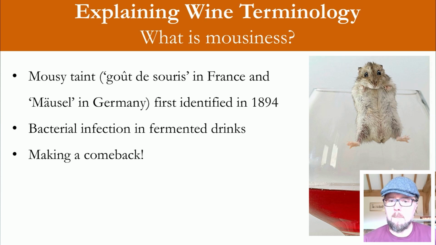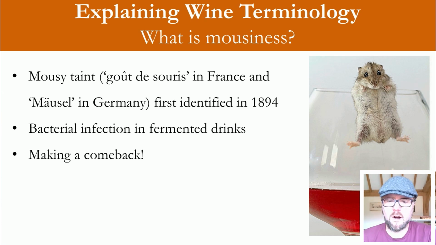The compounds, which we'll go through in a couple of slides' time, were first identified at the end of the 20th century. So the problem was identified, but the chemistry behind it came about 100 years later.